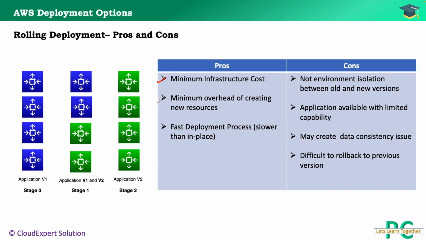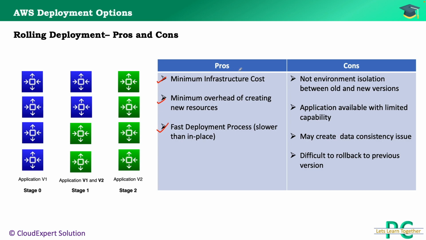Since you are not creating any new infrastructure, there will be minimum overhead of creating new resources or decommissioning your existing resources. Again, this is a faster deployment process, but it will be slower than in-place. In in-place deployment, you are doing it all at once. In rolling, you are doing it in different batches based on the size you are taking. If you are taking 50%, then there will be 3 stages. If you are taking 25% at a time, then there will be more stages.